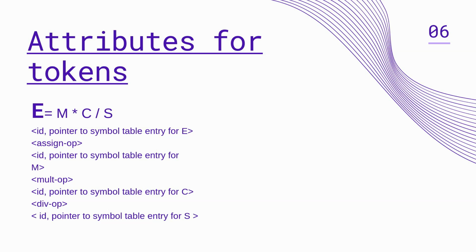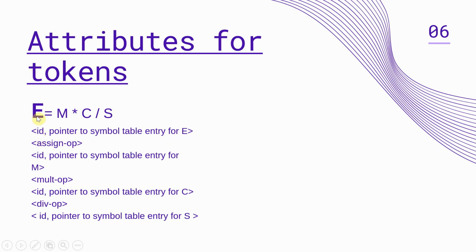For any identifiers encountered in the source program, the information about these identifiers is stored in a data structure called the symbol table. So whenever any symbol is encountered for the first time, say if you consider this statement E is equal to M into C by S, since E is an identifier, its information will be stored in the symbol table. Now the information is stored using some additional information, that is identifier.